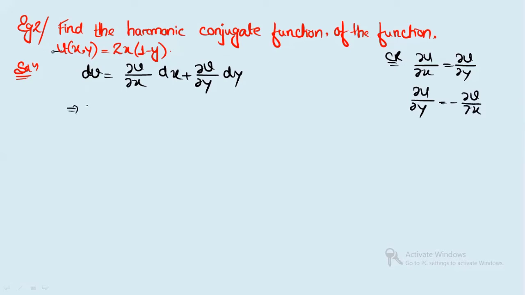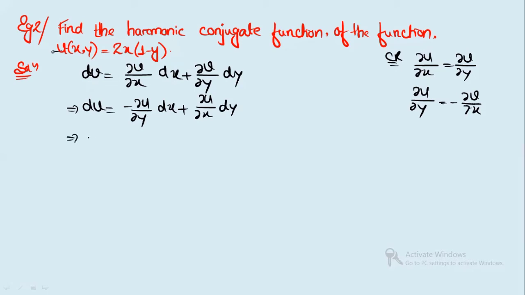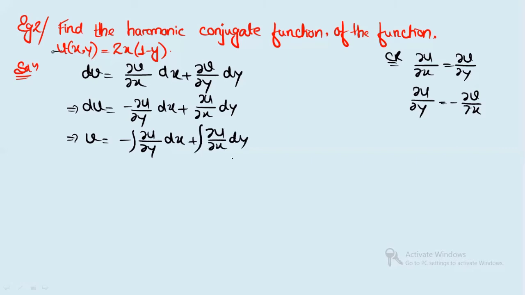So from here, dv = -∂u/∂y dx + ∂u/∂x dy. Finally you can write v = ∫(-∂u/∂y dx + ∂u/∂x dy).